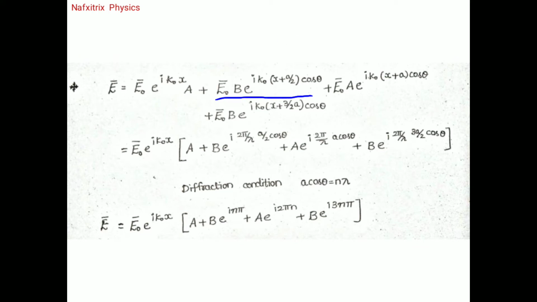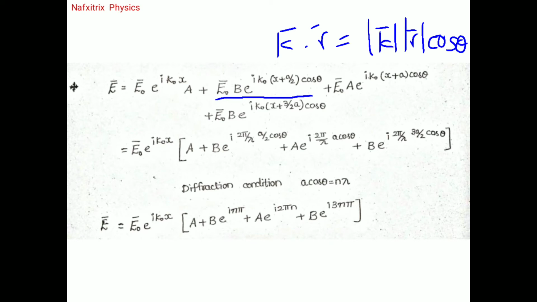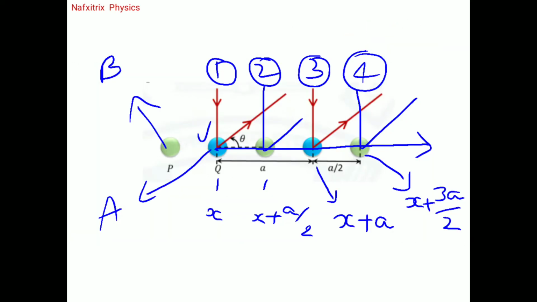It is nothing but a dot b, that is, k dot r is nothing but magnitude of k into magnitude of r cos theta. Magnitude of k is k naught, and magnitude of r is x plus a, because the distance from here to here is x plus a.